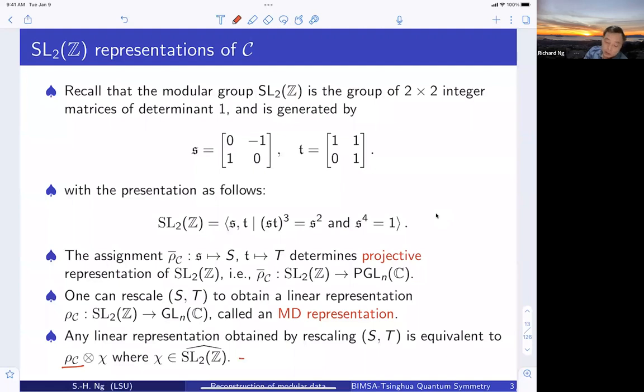This is a group isomorphic to Z12. So at most you have 12 inequivalent ones. It could be fewer, depending on whether the tensor is equivalent to itself. So bear in mind that the MD representation for a modular tensor category is not unique, but unique up to a tensor factor of a linear representation. I usually call it projectively equivalent, because it's just divided by a scalar. So after this linear character, they are the same.